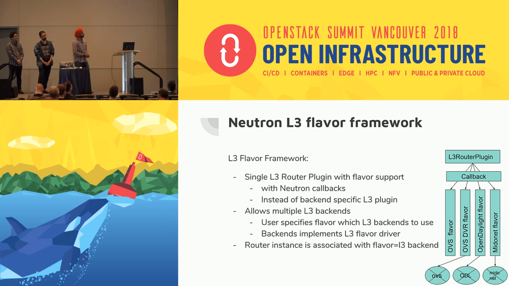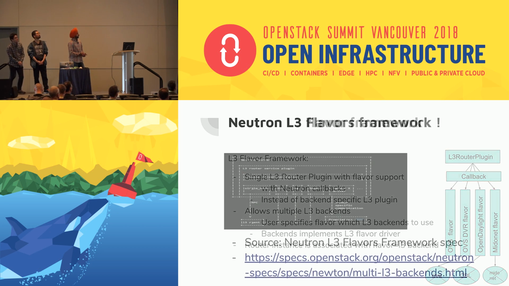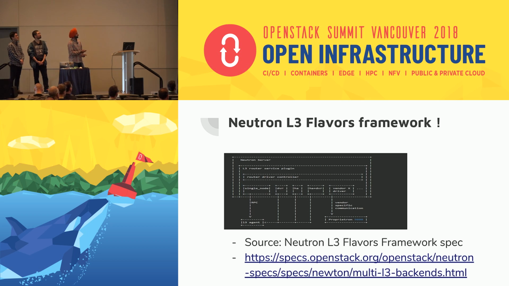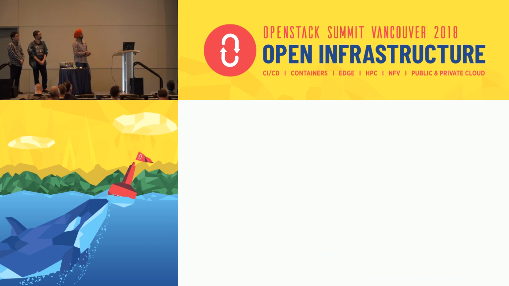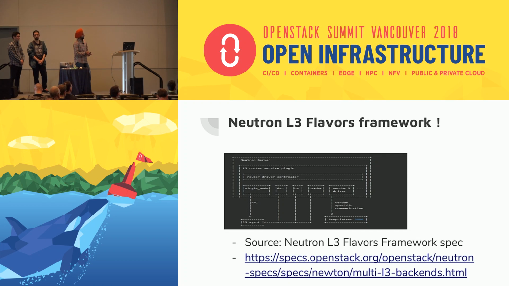So talking about details of how this flavor framework works. This is the screenshot I got from the L3 flavor framework. Whenever somebody sends a request to create an L3 resource, the Neutron server hands that request to the L3 router service plugin, which does all the create, update, delete for resources, and it also handles the DB transaction, and then passes control to the router driver controller.